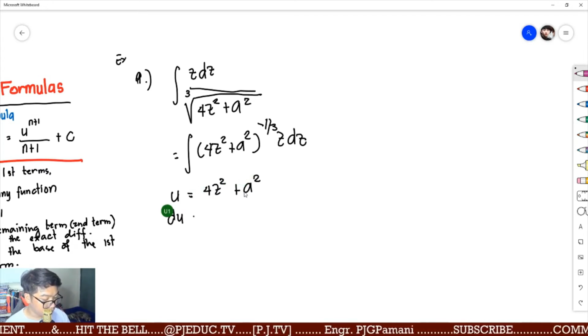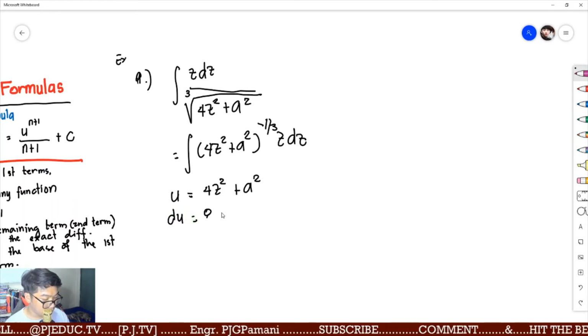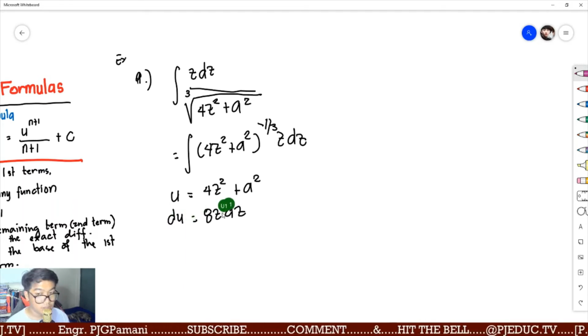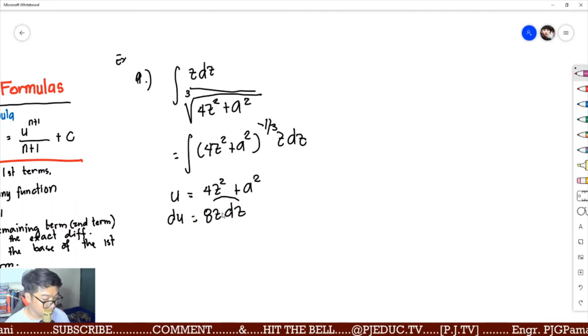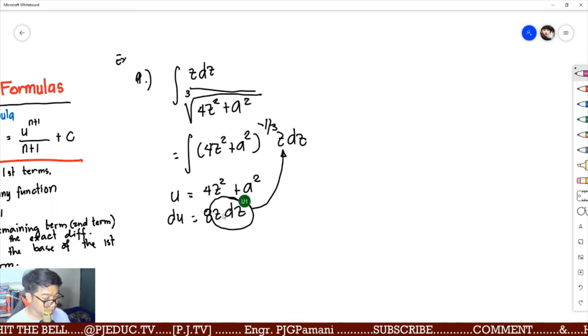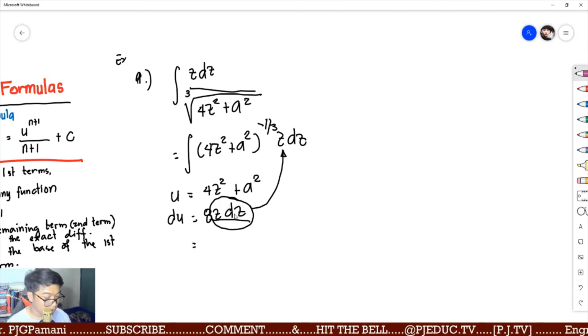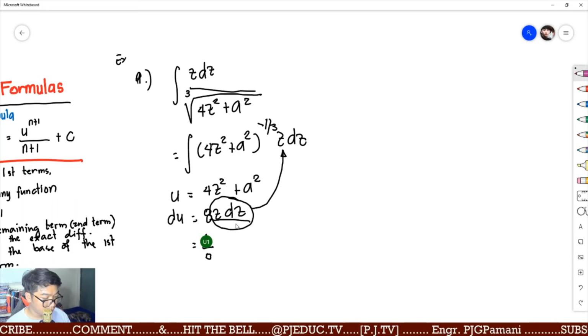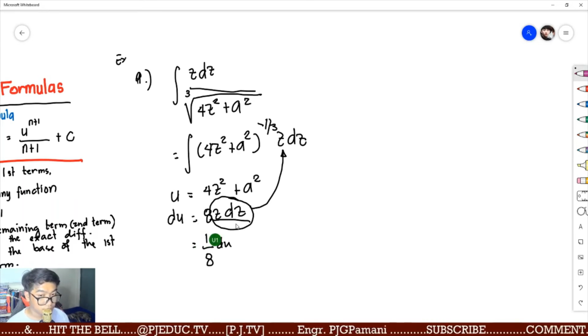Therefore, if we differentiate this one, it gives us 8z dz. Remember, z dz has already been introduced in our integrand. So, magiging 1 na yung term na yan. So that this one will become 1, we'll have to introduce a correcting factor of 1/8 du.